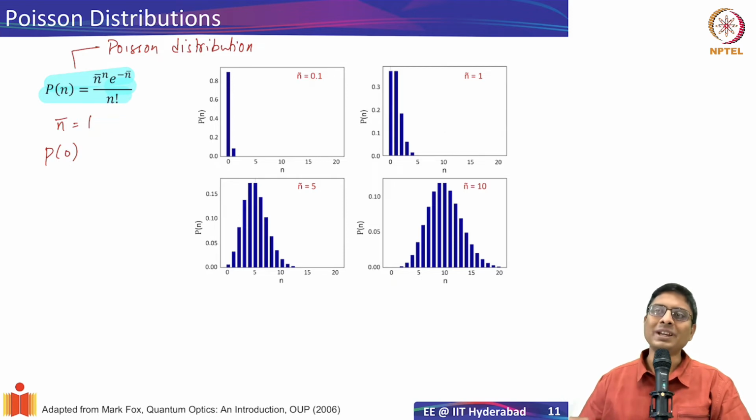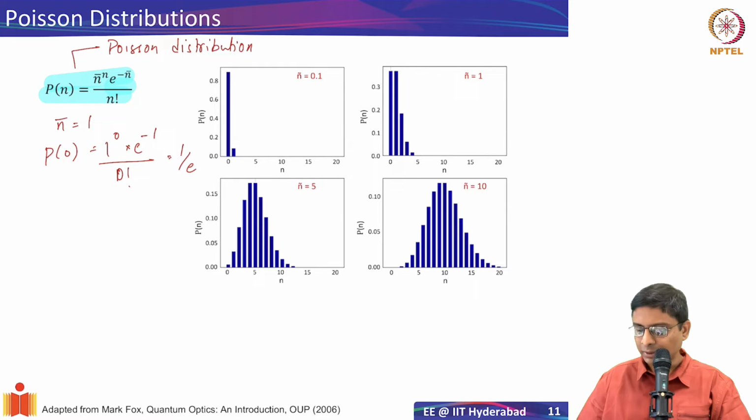So if you make a measurement, what is the probability of finding 0 photons? Basically n bar is 1, so 1 to the power 0 into e to the power minus 1 divided by 0 factorial, which is 1 anyway, right? So this is 1 over e.